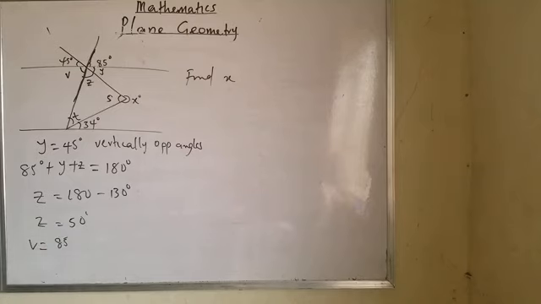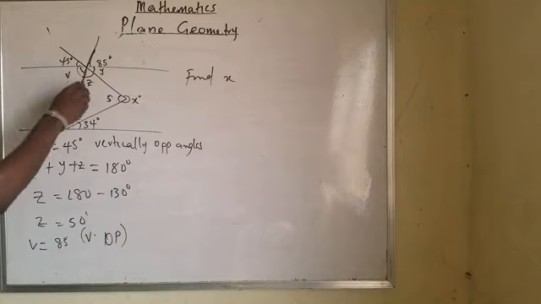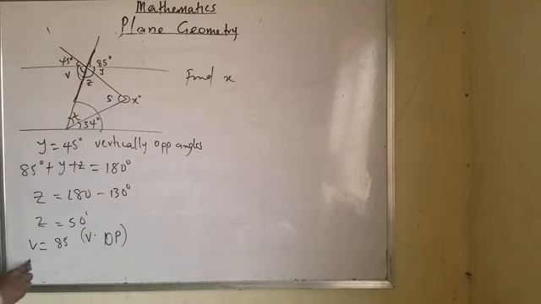They are vertically opposite angles. Since I have that as 85, do you know that also this and this are equal? V equals t plus 34 degrees.